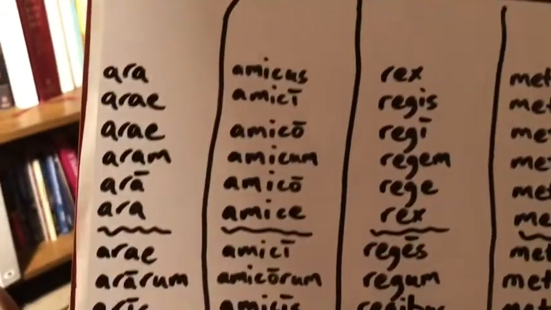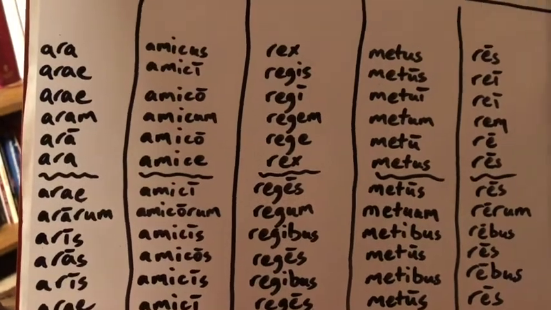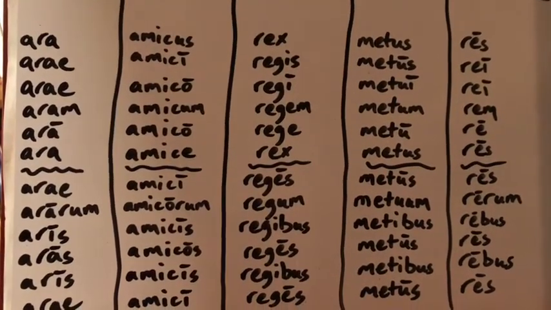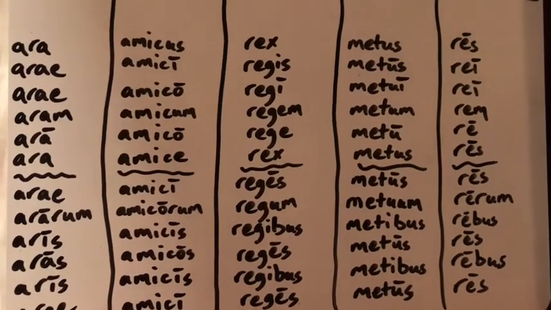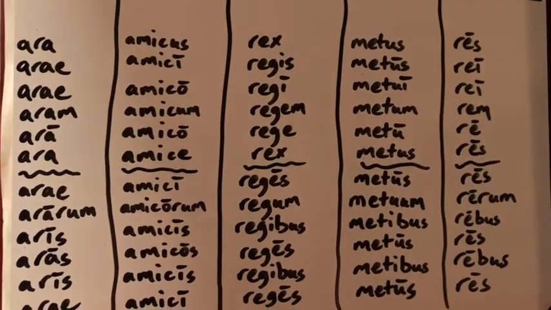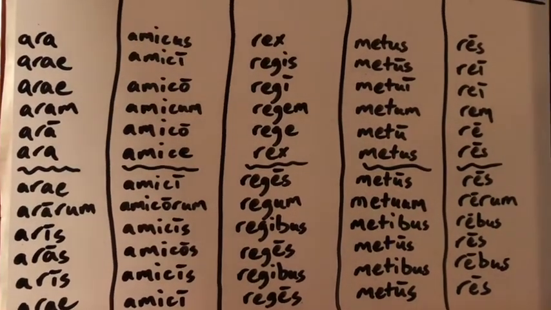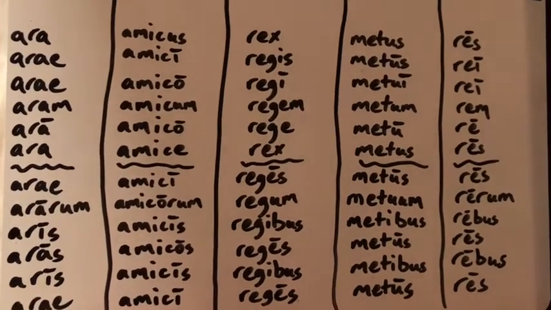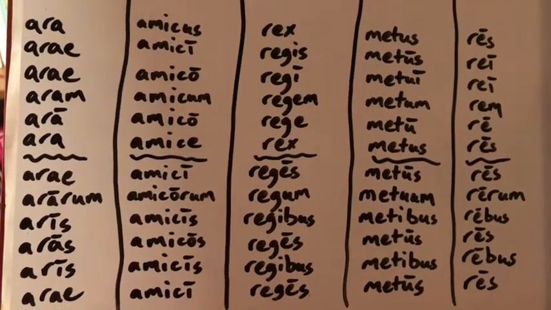All right. Now, what you hopefully got for your bell work here should look something like this. So for first declension, you can see over on the far left, ara, arae. You'll notice first declension, remember, is going to have the ae in the genitive. That tells you a first declension noun. And then the endings, a, ae, ae, am, a, arum, is, as, is.